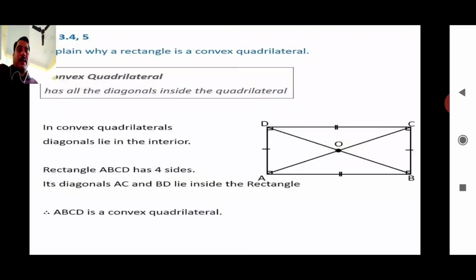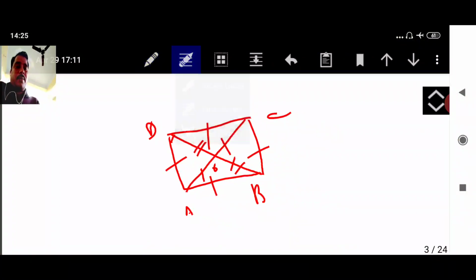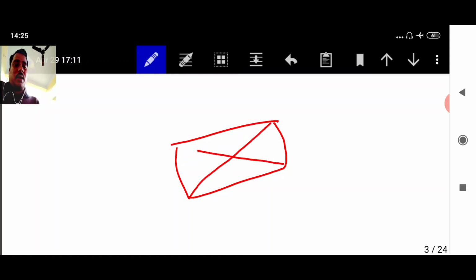Explain why a rectangle is a convex quadrilateral. Students, you know what a convex quadrilateral is. A convex quadrilateral has all its diagonals inside the quadrilateral. If the diagonals of a quadrilateral lie inside it, then it is known as convex.